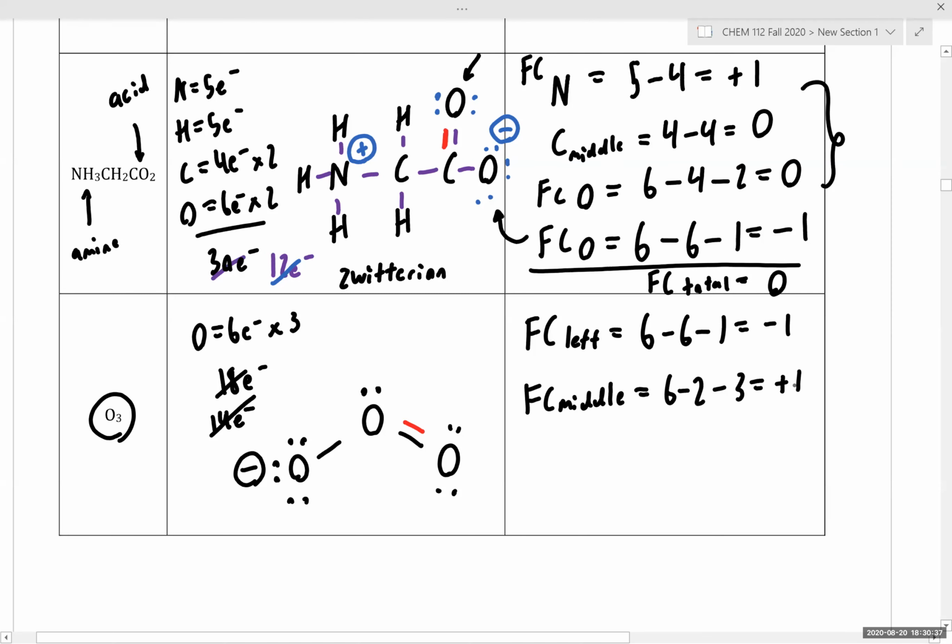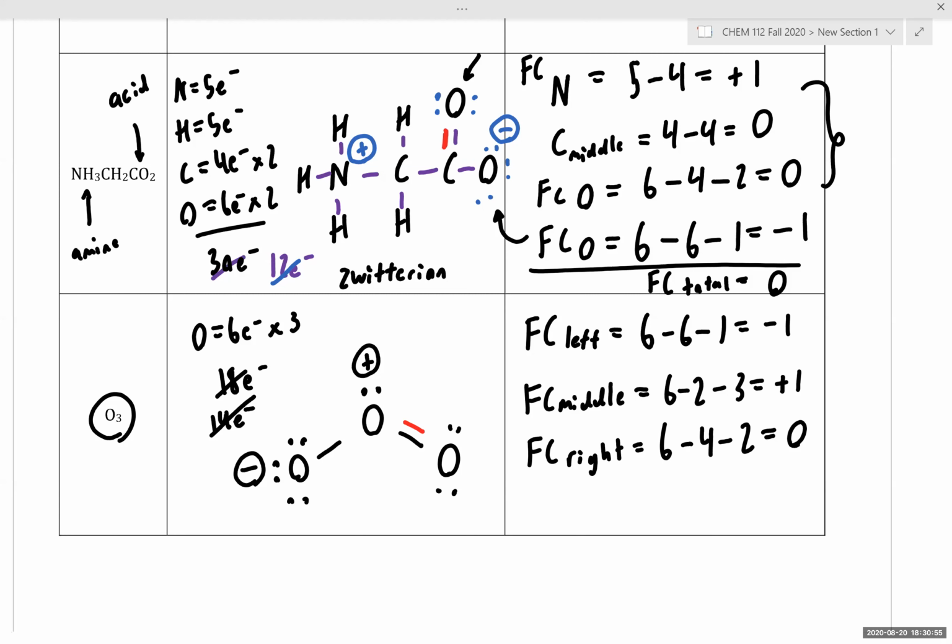That gives us a formal charge of +1. Finally, for our rightmost oxygen, we have a group number of 6, we have 4 lone pair electrons and 2 bonds. That gives us an overall formal charge of 0.